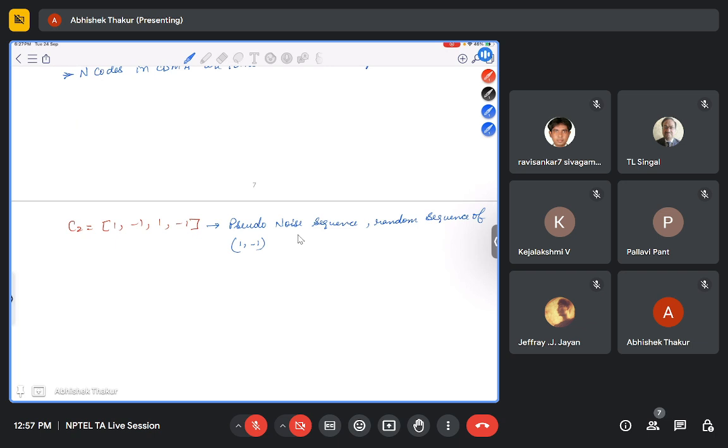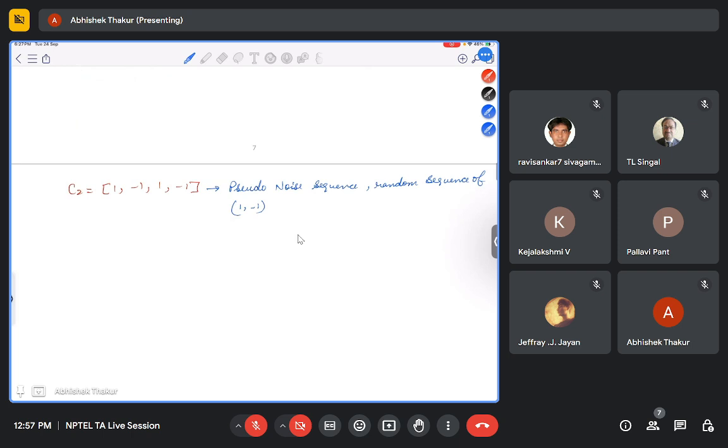So this can be done using a linear feedback shift register. In the shift register there will be a feedback, so that's why it is termed a linear feedback shift register.